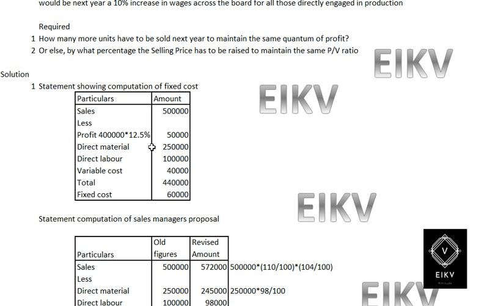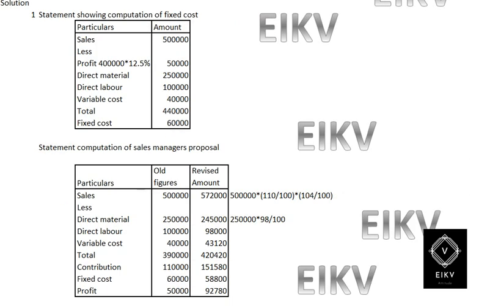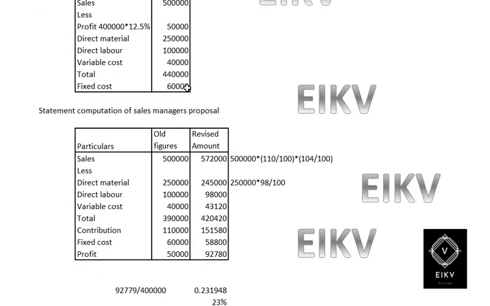Direct material is 2,50,000, direct labor 1 lakh, then variable cost is 40,000. Therefore the total cost including profit, excluding fixed cost, is 4,40,000. The difference is the fixed cost: 5 lakh minus 4,40,000 gives 60,000. So we have computed the fixed cost.